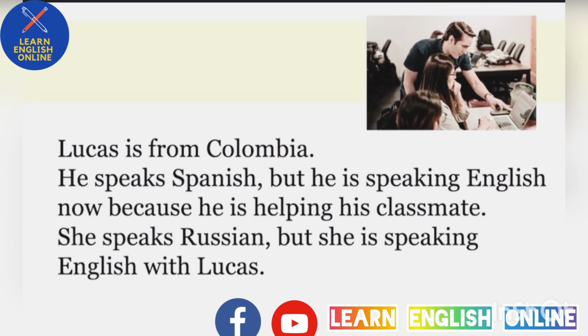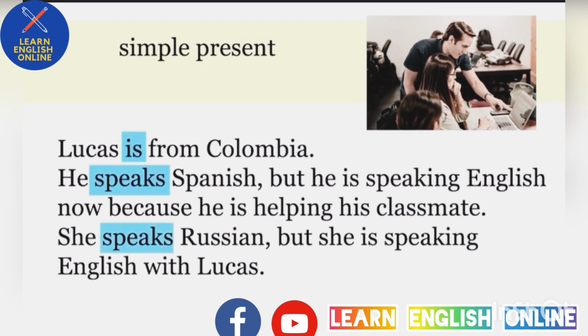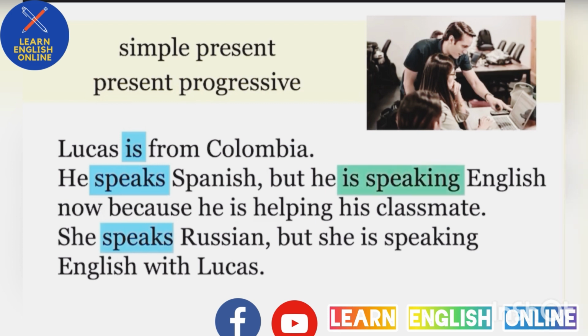Some of these verbs are in the simple present and some are in the present progressive. Let's look. The simple present verbs are is, speaks, and speaks again. And do you see the present progressive? Is speaking, is helping, is speaking. Remember, present progressive needs the be verb and a verb with ing.